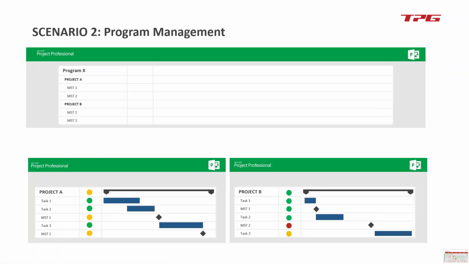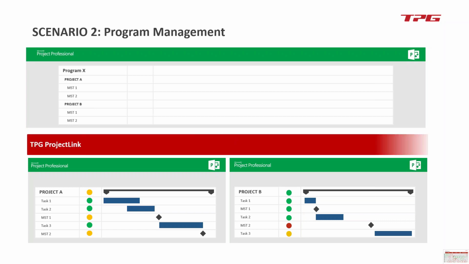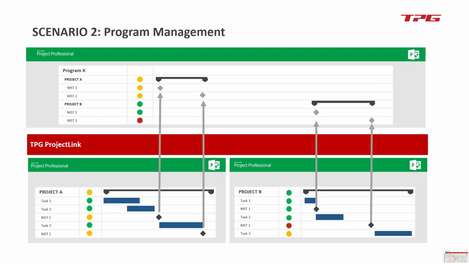So scenario number 2, and Stefan is going to show this to you live in a second. We have a program on top made of several projects, and the individual projects at the bottom. And what we're capable of is, without having to open a plan and build a master plan the way Microsoft Project knows how to build a master plan by inserting full projects, we're only going to send the milestones that reveal the dates to the program level.